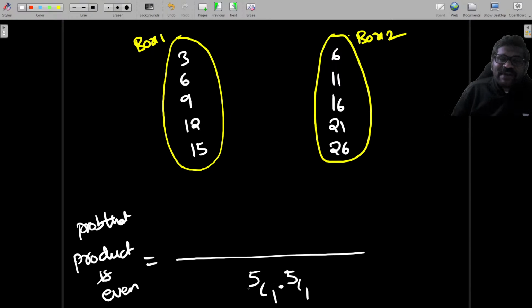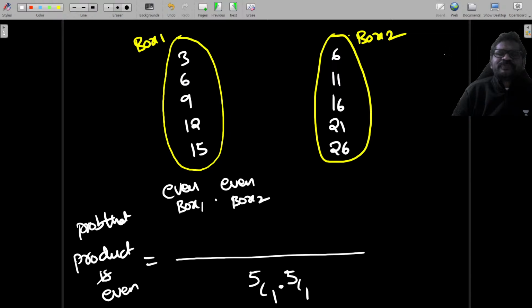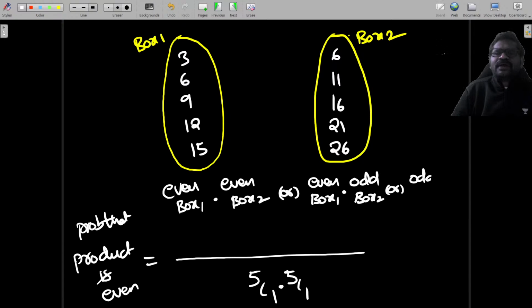When will the product be an even number? If you select an even number from box 1 and an even number from box 2, or an even number from box 1 and an odd number from box 2, or an odd number from box 1 and an even number from box 2.